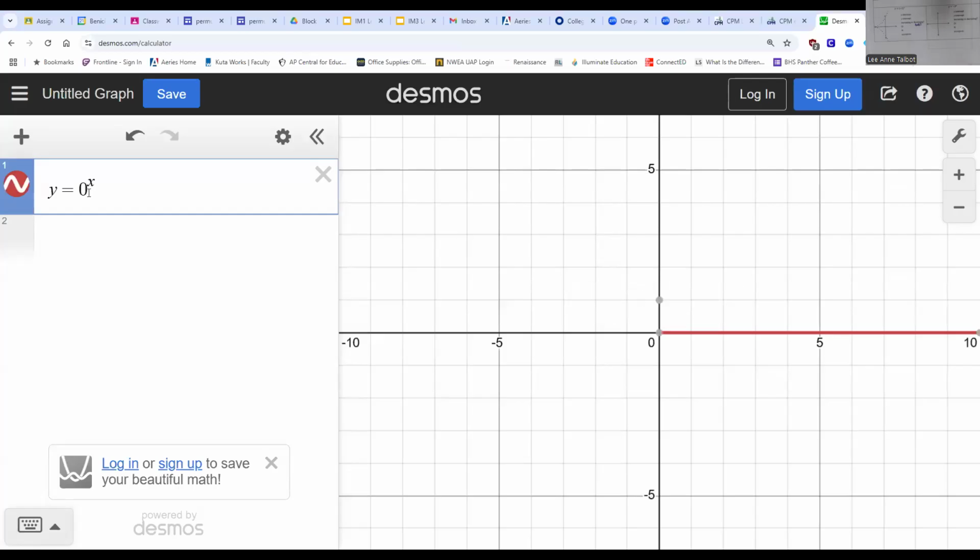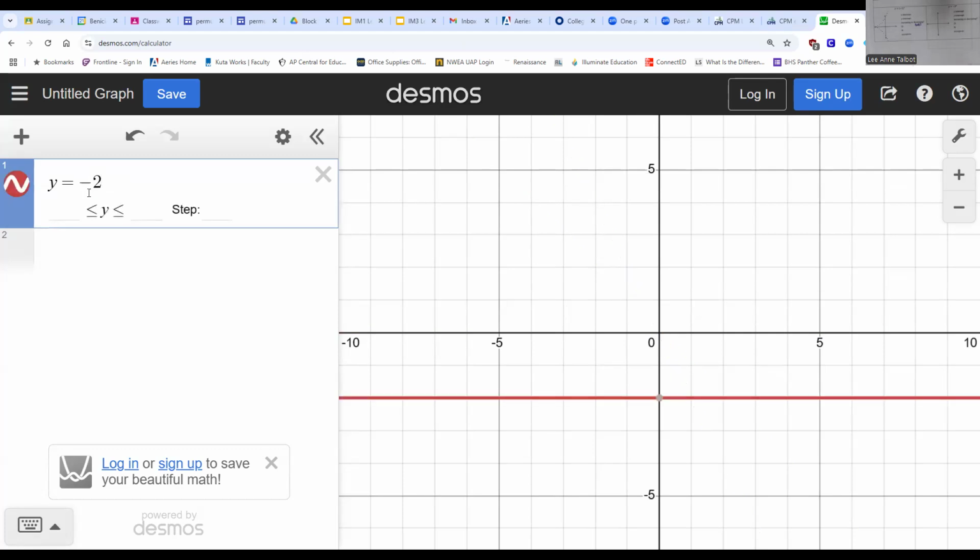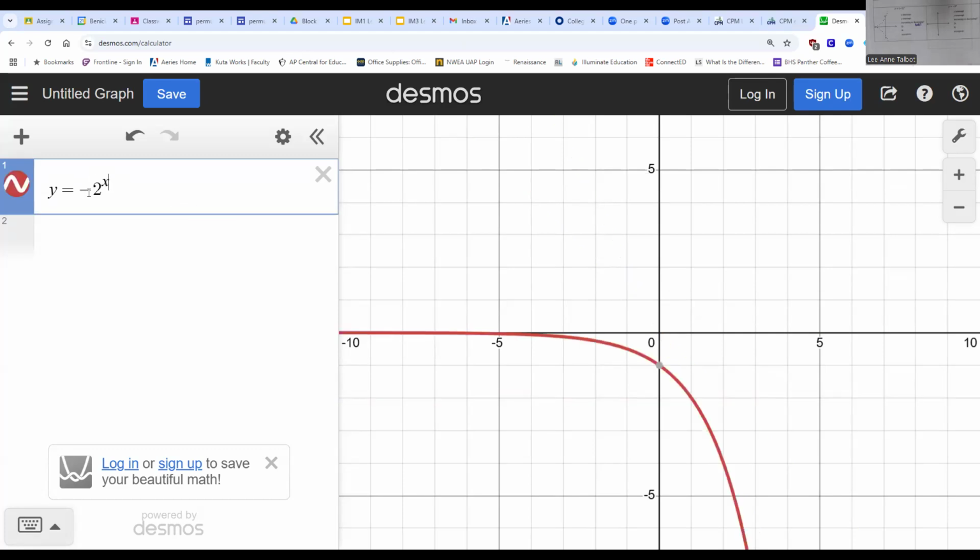We're gonna do -2 to the x, but not in parentheses this time. And this one is a flip under the x-axis and it goes downward. So do your best to sketch this guy.